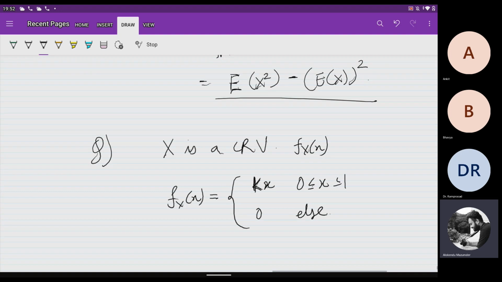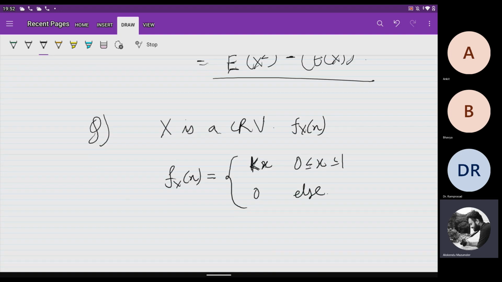Where k is a real number. Now, can anyone tell me what can be the value of k?